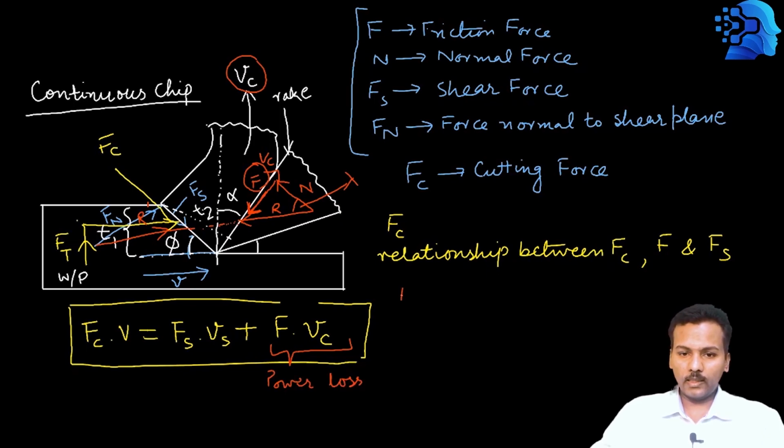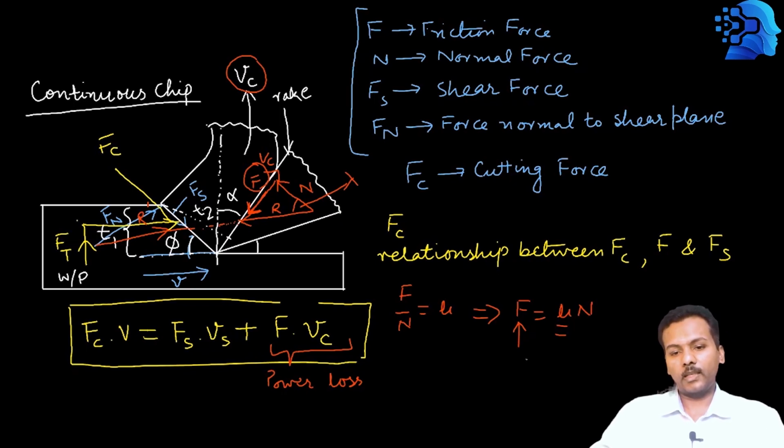We already know that F upon N is mu. That means F equals mu into N. If N is the normal force acting normal to the contact length of the chip and tool, then if the coefficient of friction is greater, then this friction force will also be greater.